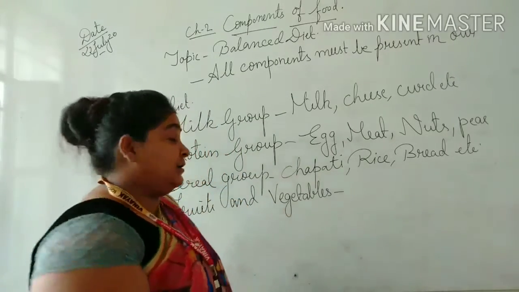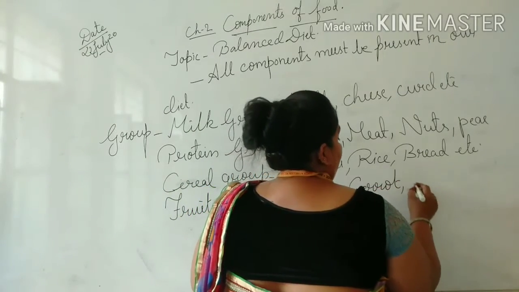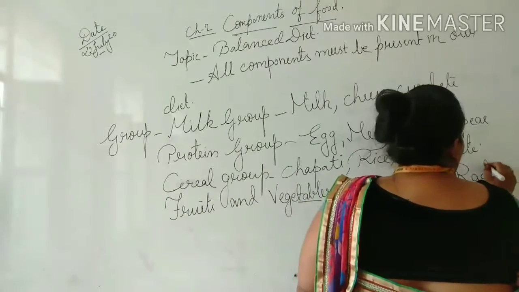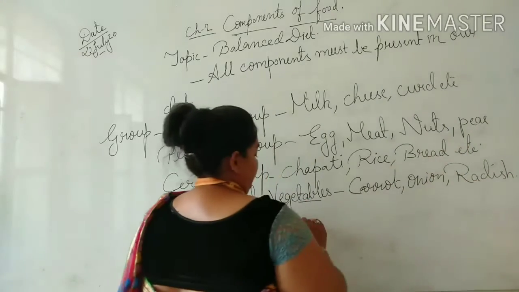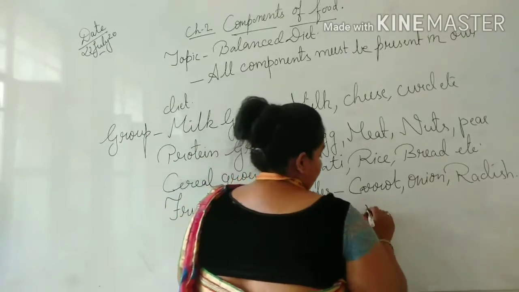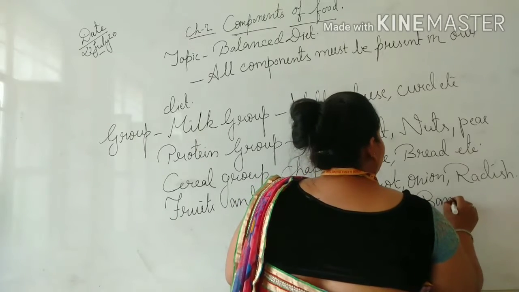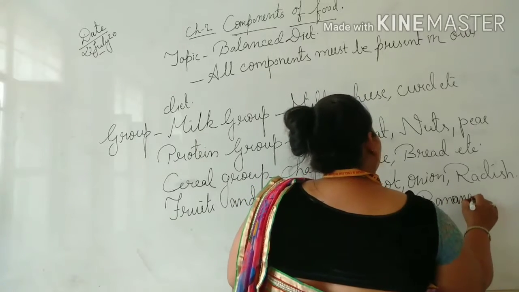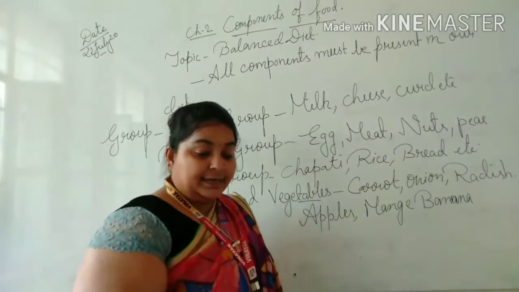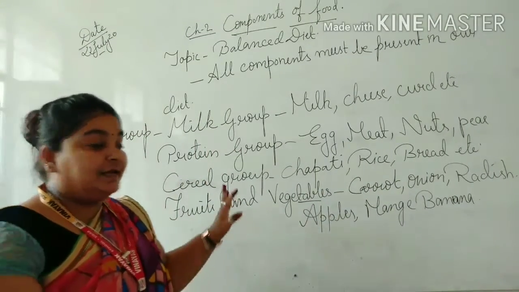We are supposed to take vegetables like carrot, onion, radish, and fruits like banana, etc. These are the important types of foods we should take to complete our balanced diet in daily life.